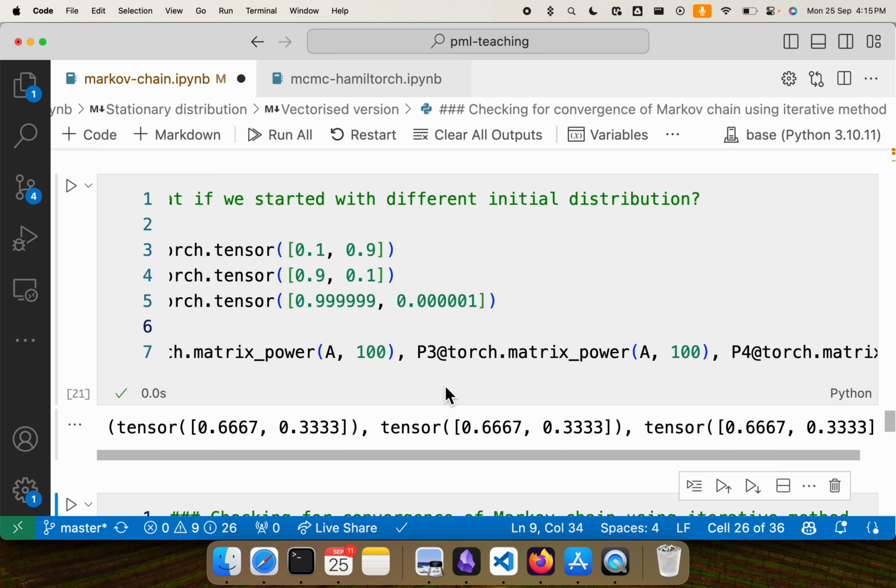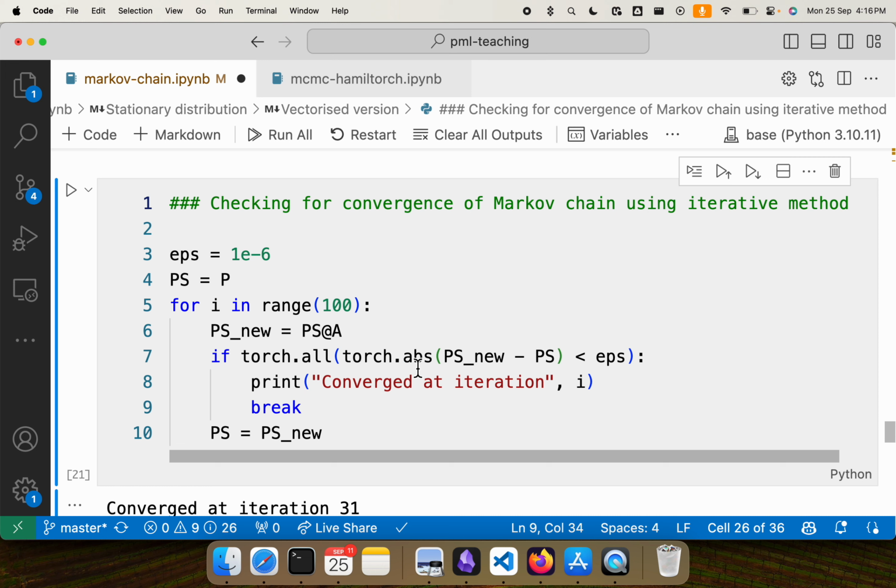Now, what could be a way to check for stationarity? I gave you an example that the 99th and the 100th distribution were exactly the same. So we obtain the new PS as PS into A, and in an iterative way, if you don't see any change or the change is below a certain epsilon threshold, then we can say that it has converged.